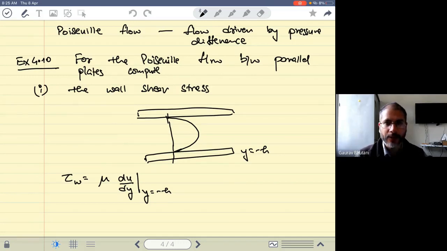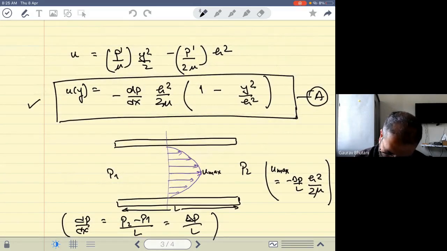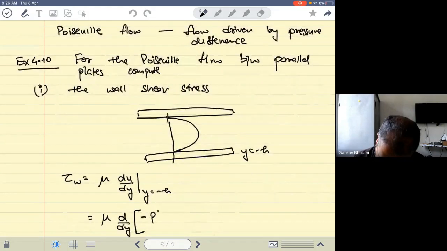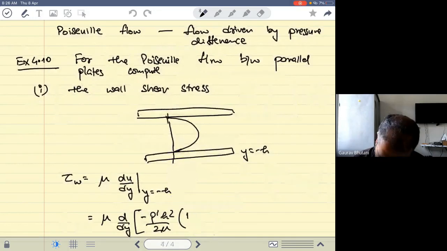Now that we have the u velocity profile, we can easily find du by dy. So let's see what the profile was. The profile was minus p prime h square by 2 mu, and then in the bracket, we had 1 minus y square upon h square.